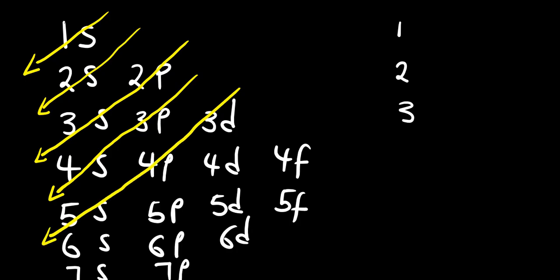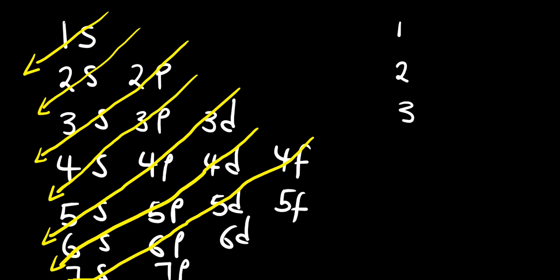From your 5s you go to your 4d, 5p, 6s. Then from your 6s you go to your 4f, 5d, 6p, and 7s. Then the last one will be from your 5f to your 6d and 7p.